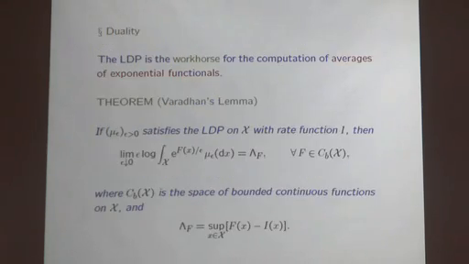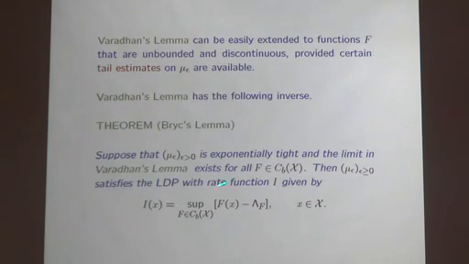So you now know all such integrals, so for every f you know this, then you just take f minus all these values and take the supremum over all bounded continuous functions, and you would find back your rate function.